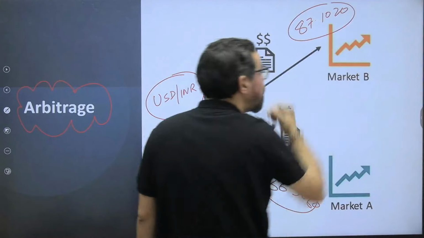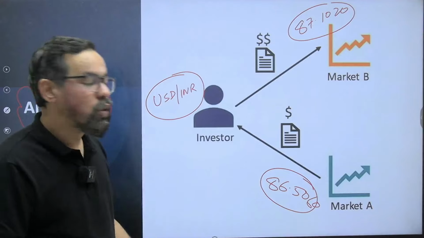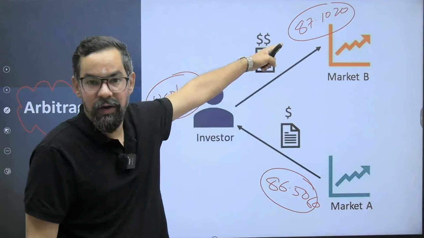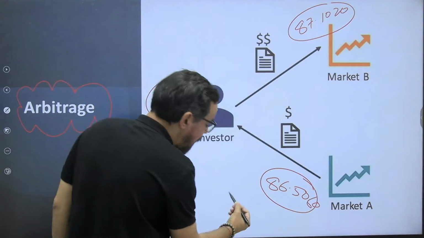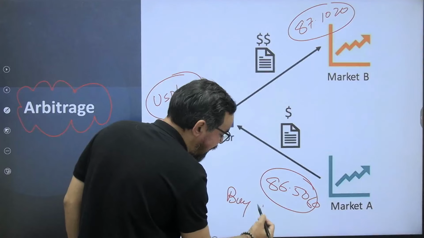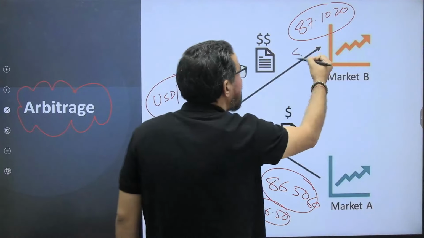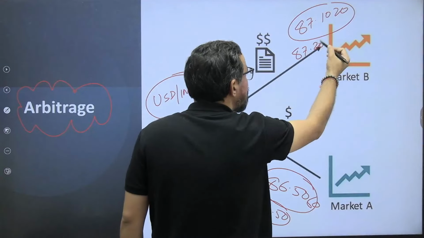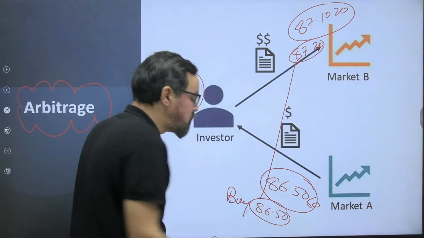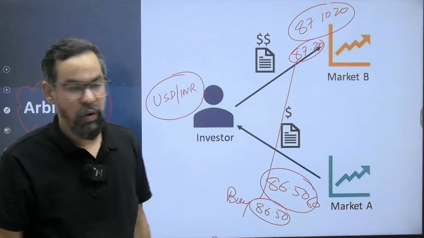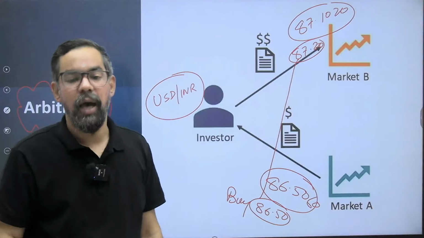So what you will do in this particular case, you will buy here and you will sell there. You will buy a dollar in this particular market at 86.50, and the same dollar you can sell here at 87.20. So the difference between these two prices is your risk-free profit. So this is generally known as arbitrage, right?